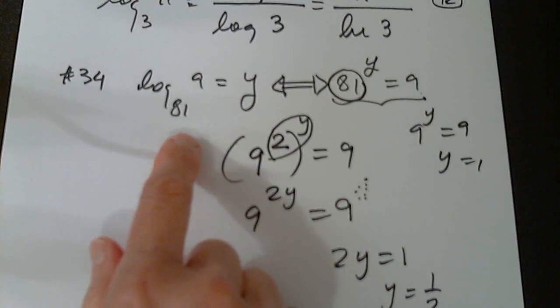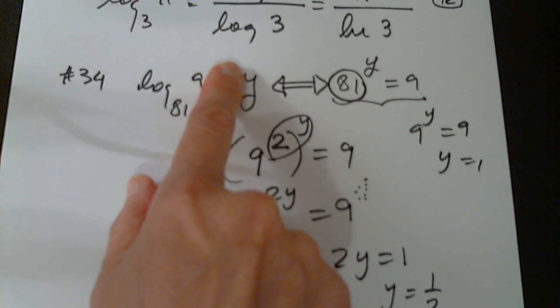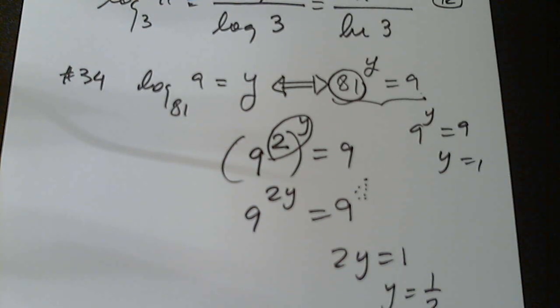Now, can I check this? Yes. Either with the change of base formula or with a feature in the calculator, and we have to get 0.5. So if you want to copy this, then I will put in the base 81.